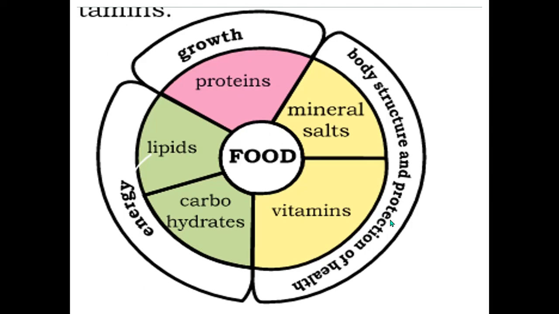We will often get sick and become weak, we will not get energy, our body becomes weaker, and we cannot do any work. So, children, you all should have carbohydrate in your food.